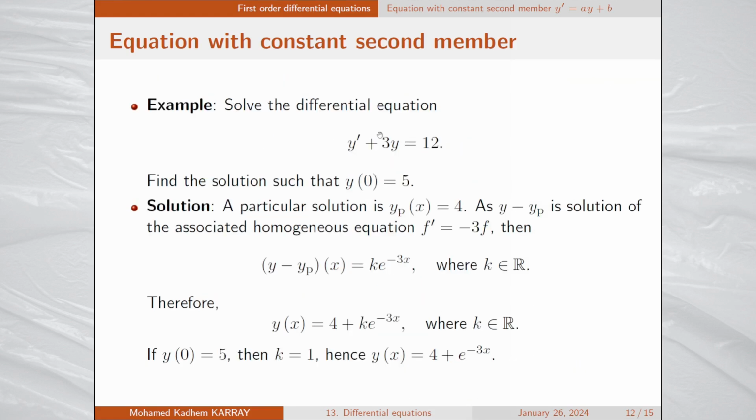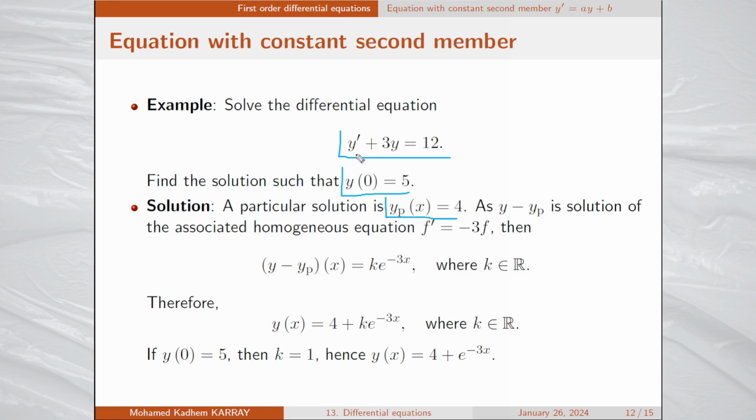Here is an example. We shall solve the equation y prime plus 3y equals 12, and we shall find the solution which satisfies y of 0 equals 5. Firstly, observe that a particular solution to our equation is yp equals 4.